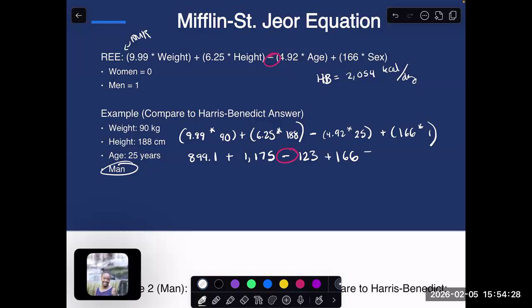Final answer is 2,117.1, which rounds down to 2,117 kcals per day. So this is almost 60 calories higher than the Harris-Benedict equation. I'm just going to write that right here. So not too far off. Kcals per day.